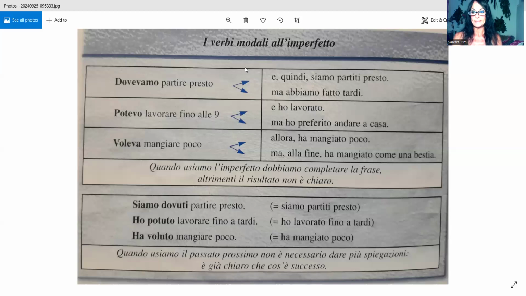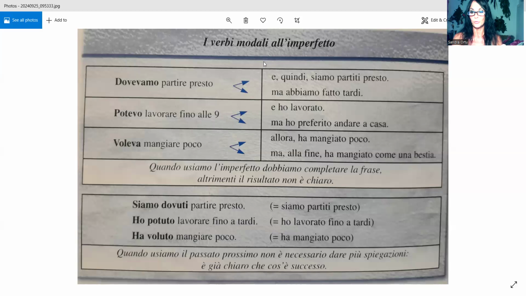As you can see, we don't have a full stop here. We need to finish the sentence. You'll see the same for the other two verbs. We cannot use the modal verbs in the imperfect tense in this way and just stop, because the outcome is not clear. So you need to continue the sentence and say exactly what did happen.